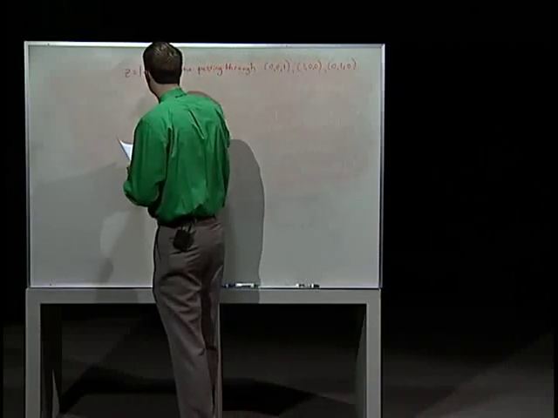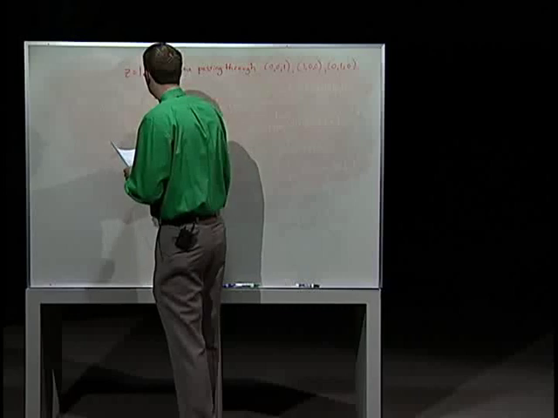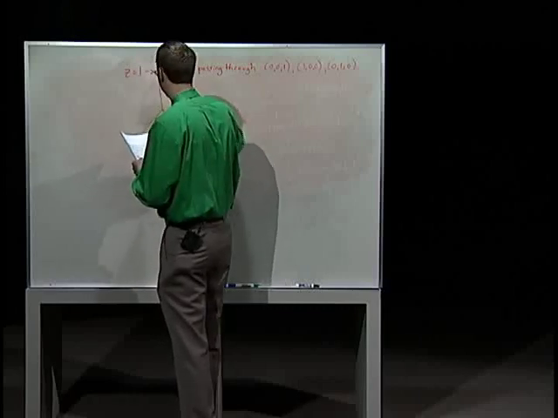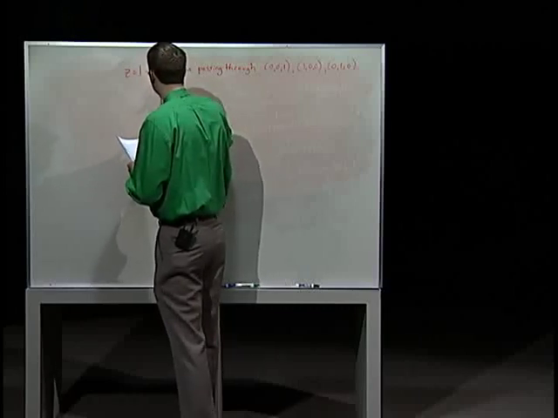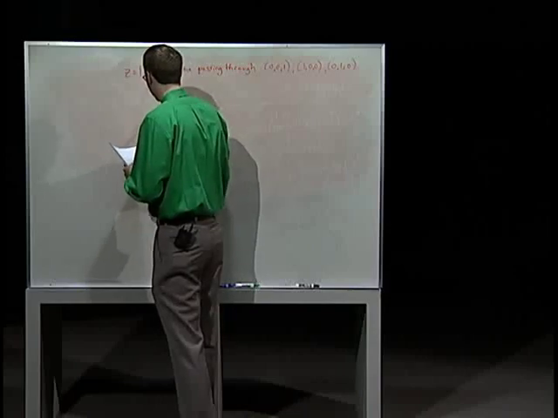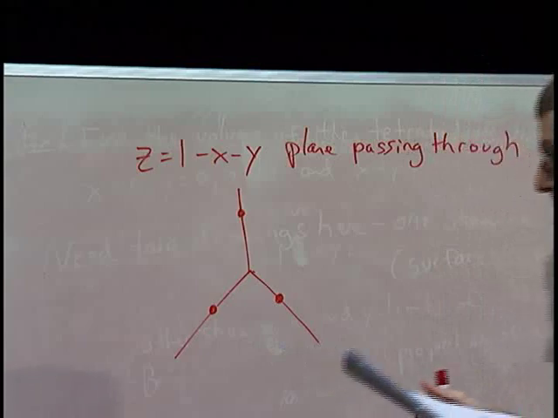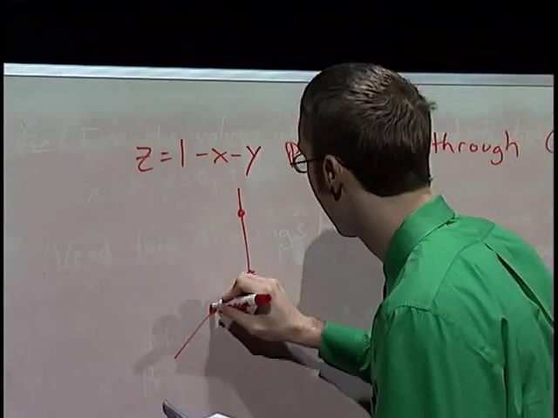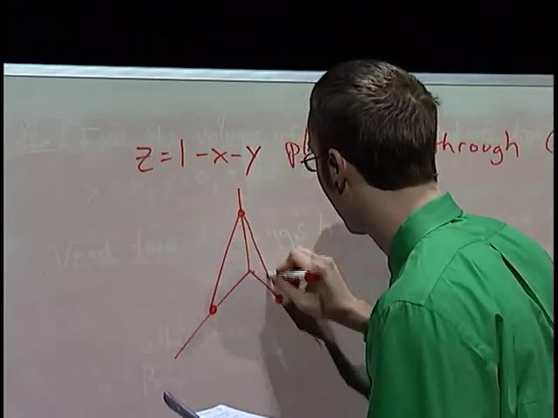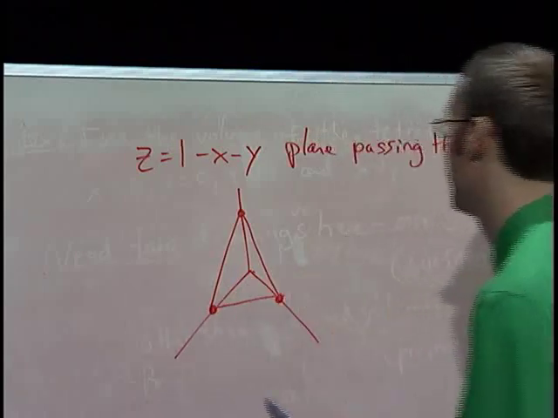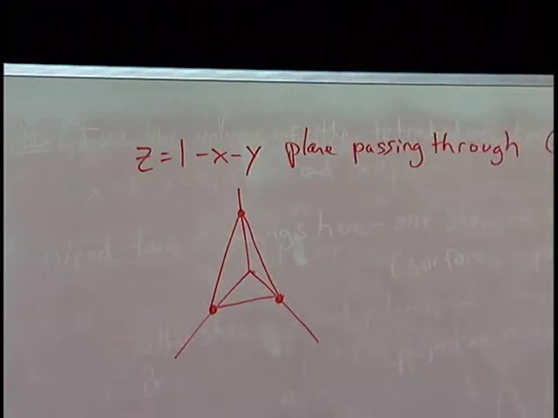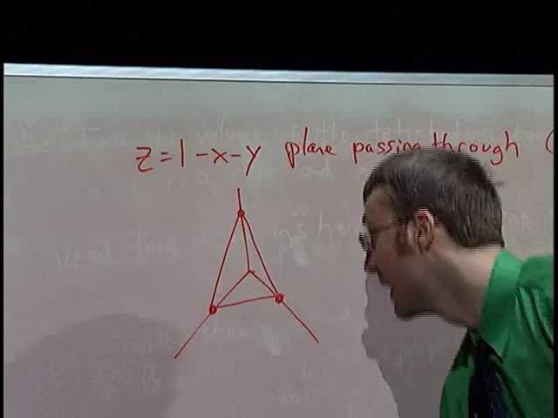So let me draw the axes up first, and then we'll erase wherever we see fit. There's the points we need to pass through. All right, so we need this thing to look sort of triangular.